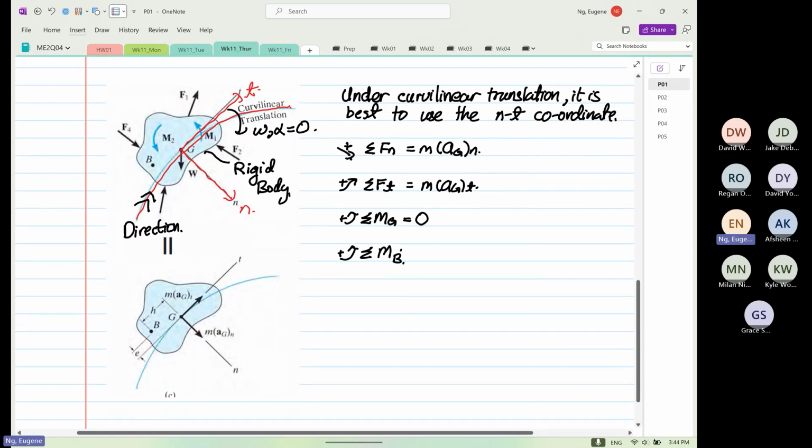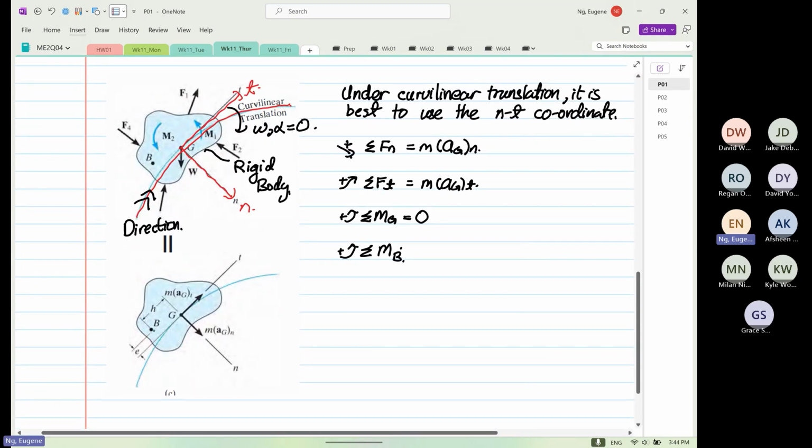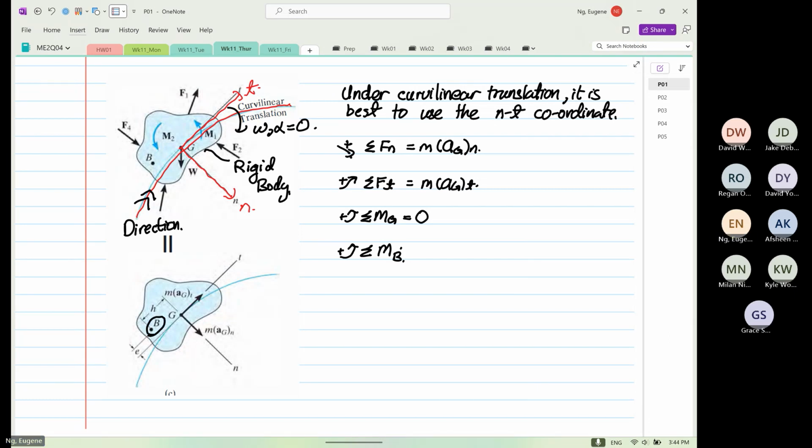where's point B? Okay, so I want you all to draw your attention to the figure over here. This location is our what? Our point B. So we decide to take moment at point B. When that's the case, what we have will be equal to what? m a_G,t, then we multiply a_G,t by e, and then after that, minus m a_G,n multiplied by h.